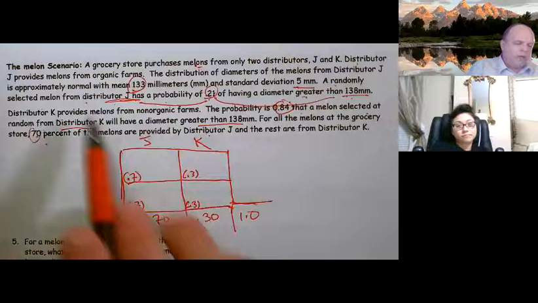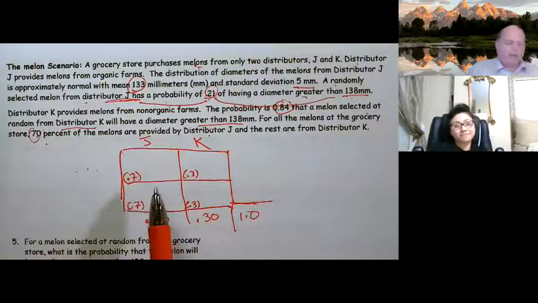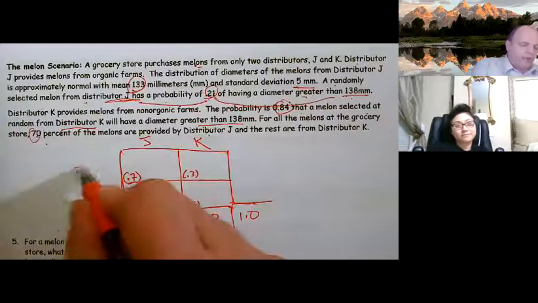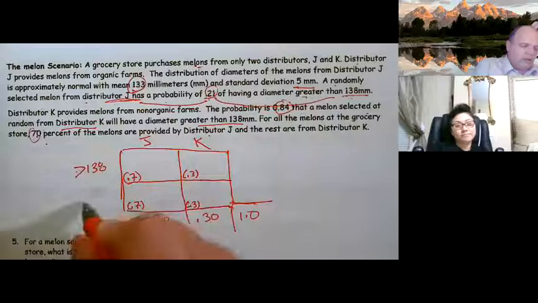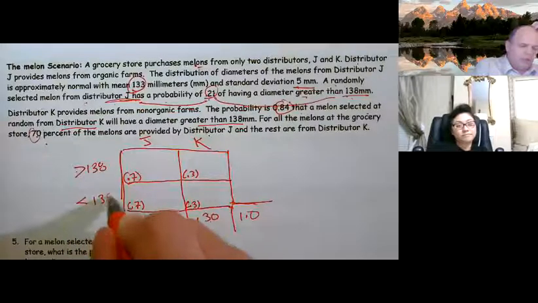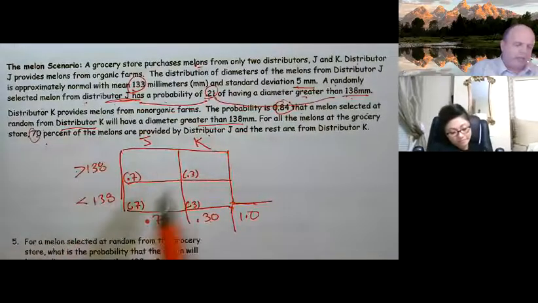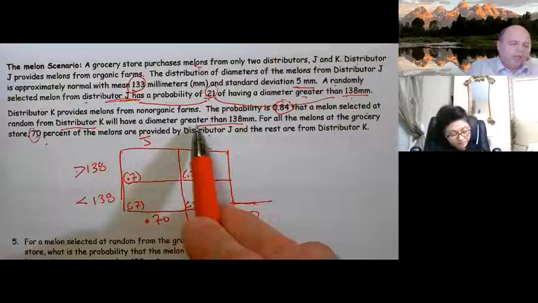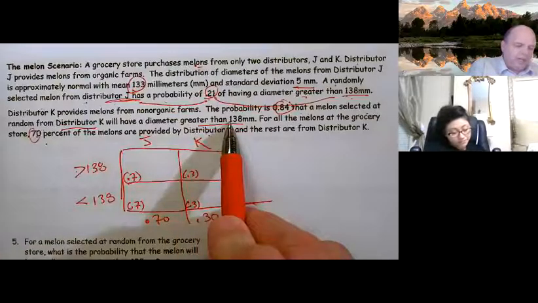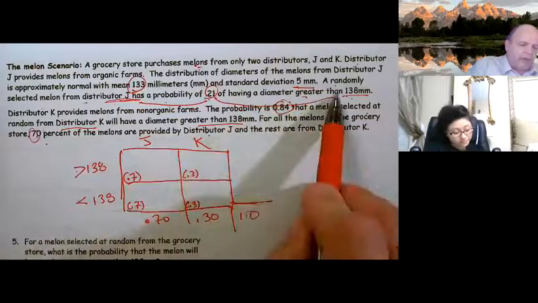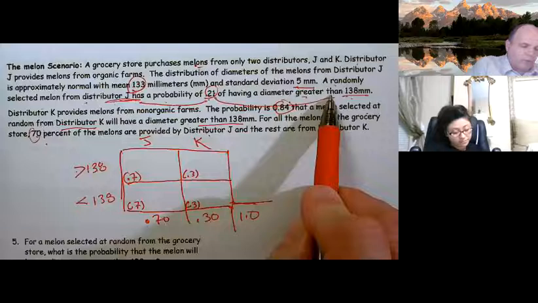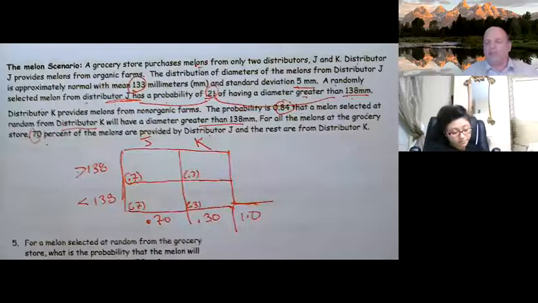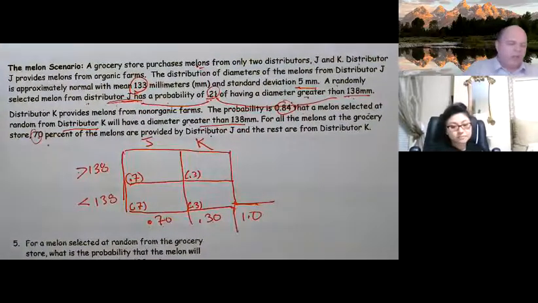So we have size. We have greater than 138 and less than 138. I know that because I've read the problem a couple times. So we're dealing with 138 as kind of a size.